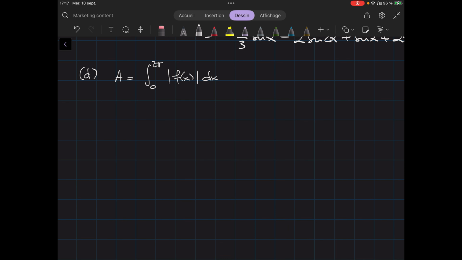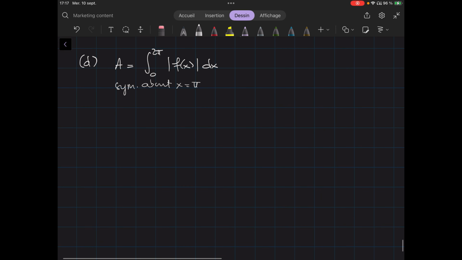We know that the curve is symmetrical about x equals pi. I'm going to quickly sketch out this function again so we have a better idea of what I mean by this. We go up, that's going to go down, that's going to go up, that's going to go down.